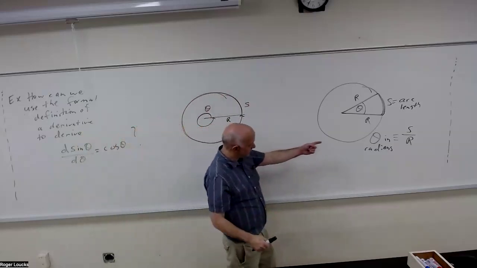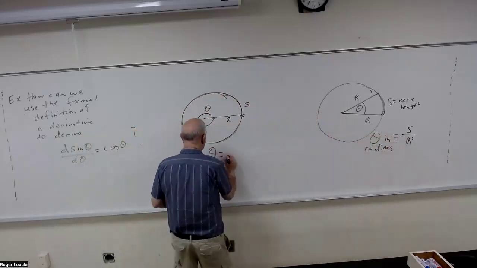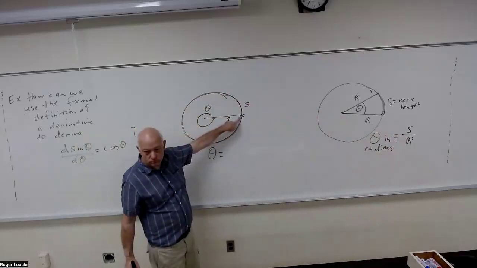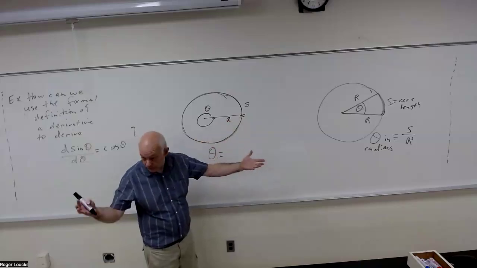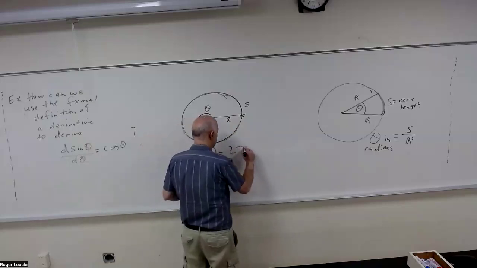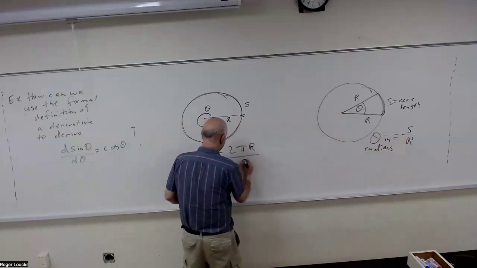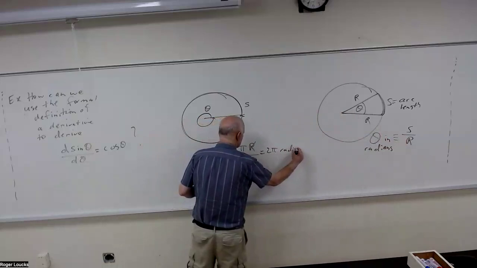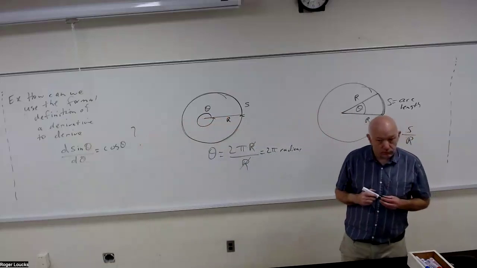So let's use our definition here. It's the arc length over the radius. So what is the whole distance around a circle? Well, that's the angles. What's the distance? 2 pi r. This circumference is 2 pi r. So that's my S divided by r. Those r's cancel, and you have 2 pi radians. Okay. That's why there are 2 pi radians in a circle.